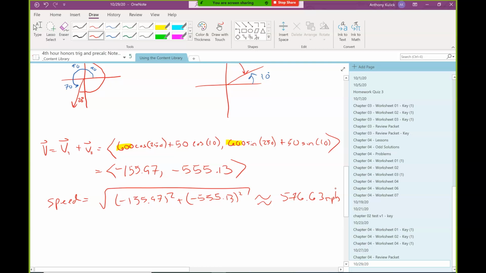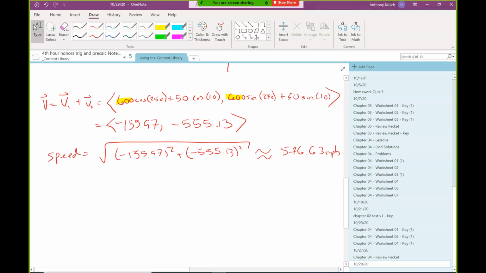So the wind apparently was a little bit of a tailwind or a headwind, and it slowed the plane down a little bit, right? So if I go ahead and graph this, we're going to be 155 to the left and then 555 down. So we'll be down here somewhere.